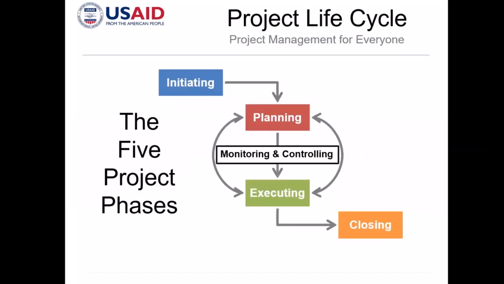So what is the project life cycle of any project? These are the 5 basic project phases. Initiating: your business sponsor or maybe a major stakeholder is planning to put up his own mobile network. That would be his concept, right?